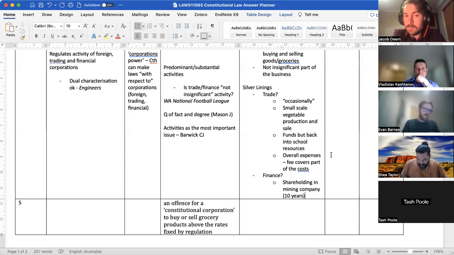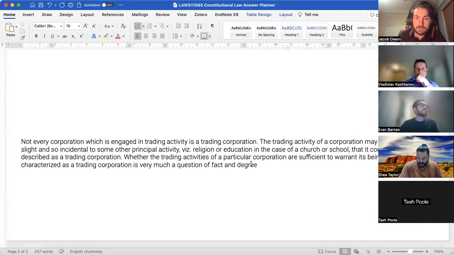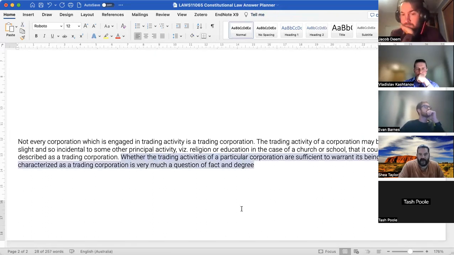He goes on to talk about churches and schools. His final sentence in that paragraph was whether the trading activities of a particular corporation are sufficient to warrant its being characterised as a trading corporation is very much a question of fact and degree. So without the information about what percentage of income is made through their trading, it'd be hard to give them advice about it, wouldn't it?